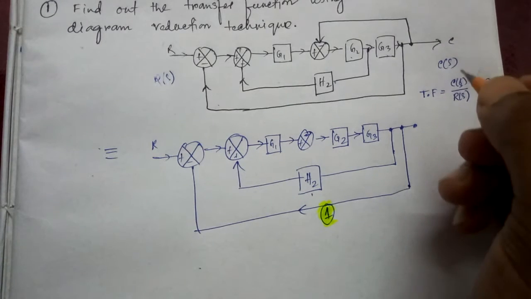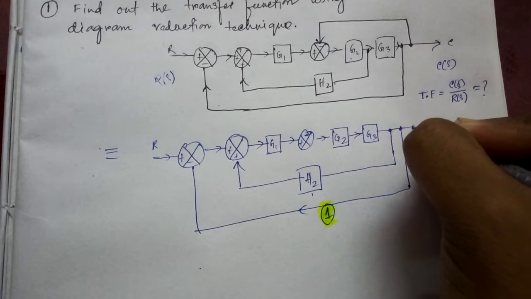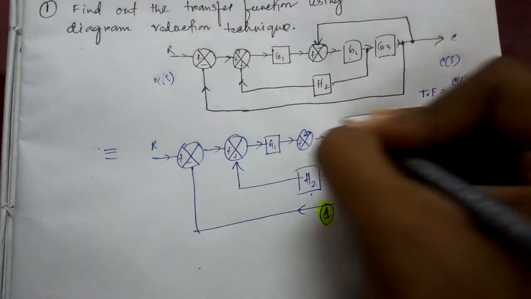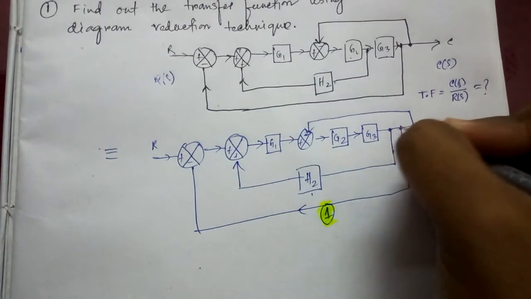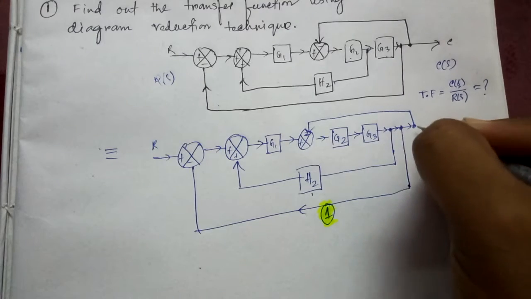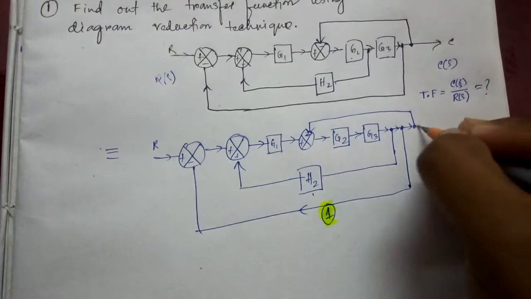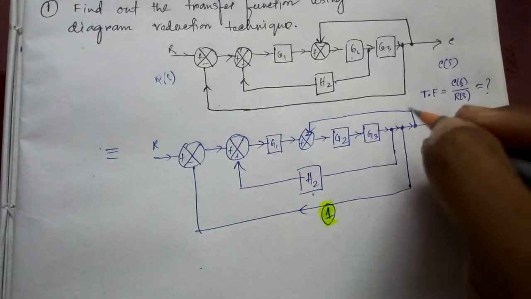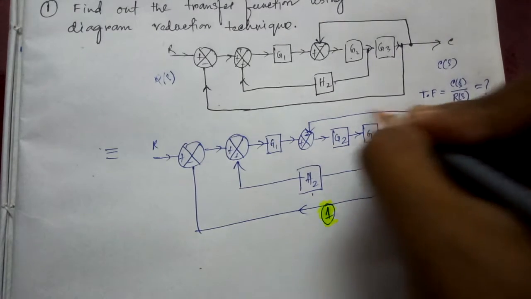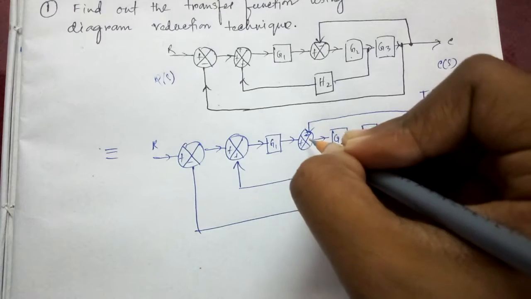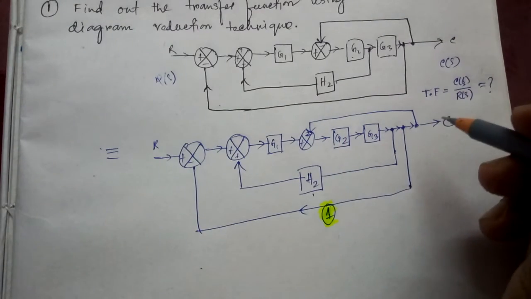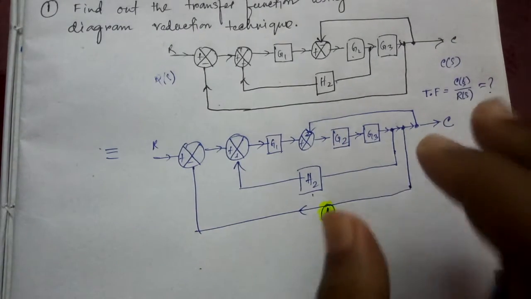This is unity feedback, and this will be as before. Here it is also a unity feedback. Why is this feedback? Because the output flows this way, and in the feedback path it is given to this adder. Hence this is feedback and the value is 1. Hence this is unity feedback.